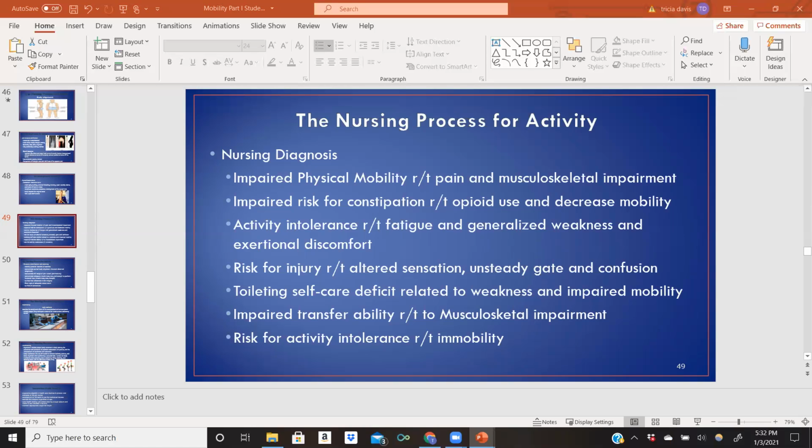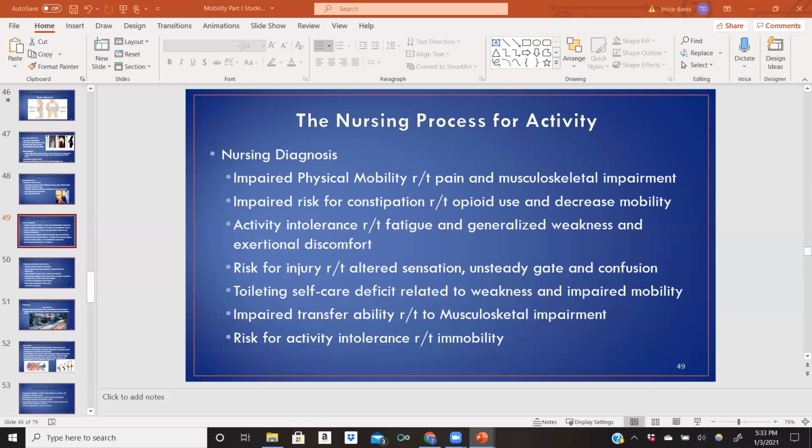Then you have activity intolerance, which could be related to fatigue and generalized weakness and exertional discomfort. You have risk for injury related to altered sensation, unsteady gait, and confusion. You have toileting self-care deficit related to weakness and impaired mobility. Impaired transferability related to a musculoskeletal impairment. And risk for activity intolerance related to immobility.